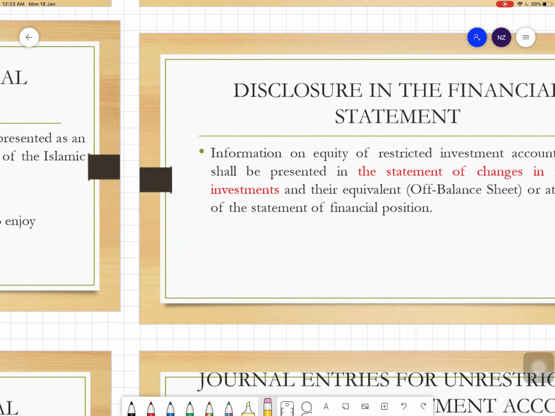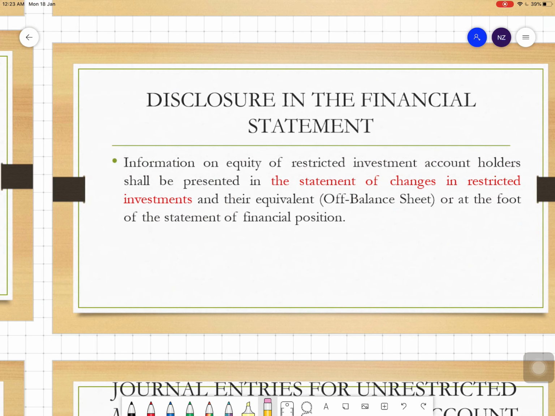And then the information on the equity of RIA holders, as opposed to UIA, shall be presented in the statement of changes in restricted investment and its equivalent of balance sheet, or at the foot of the statement of financial position.